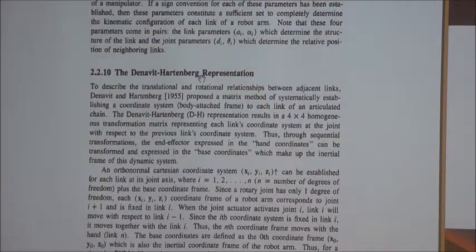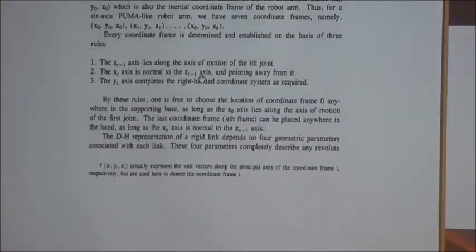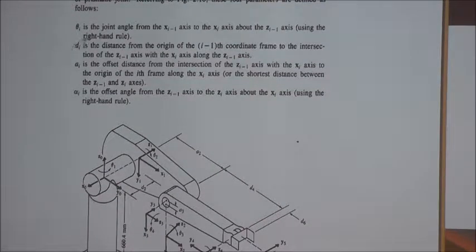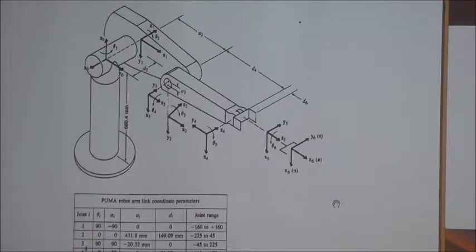The DH transformation representation, again you have these 4 parameters: theta, d, a, and alpha. And here is a complete schematic of a Puma 560 robot. Here is the base, here is the shoulder, here is the elbow, here is the arm or the end effector.